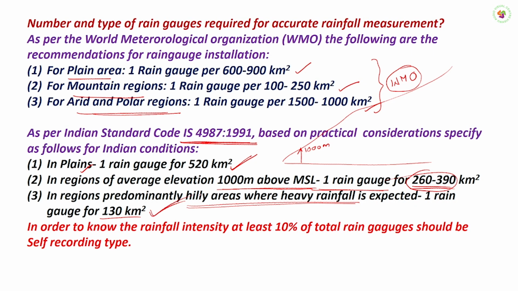So three norms they have given: plain areas 520 square kilometers, one rain gauge; 1000 meters elevation above mean sea level, one rain gauge for every 260 to 390 square kilometers; whereas highly hilly areas, mountains completely, where heavy rainfall is expected, one rain gauge per 130 square kilometers.